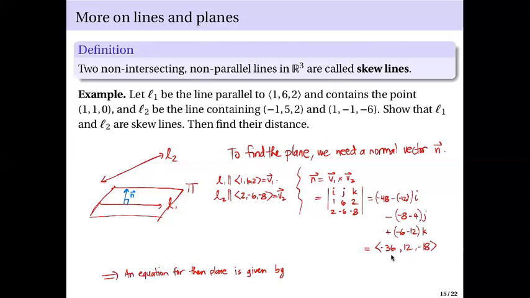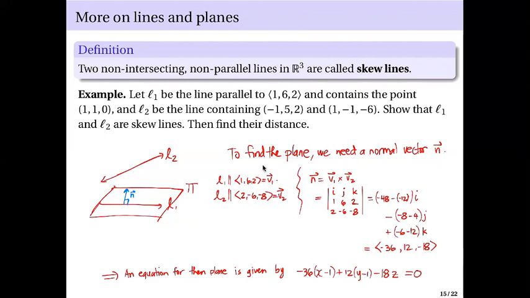So you have negative 36 times x minus the x coordinate of the point. We are going to use this. So x minus 1. Then here you have plus 12 times y minus 1. And then here you have minus 18 times z minus 0, and then you have equal to 0. So this is the equation of the plane pi.